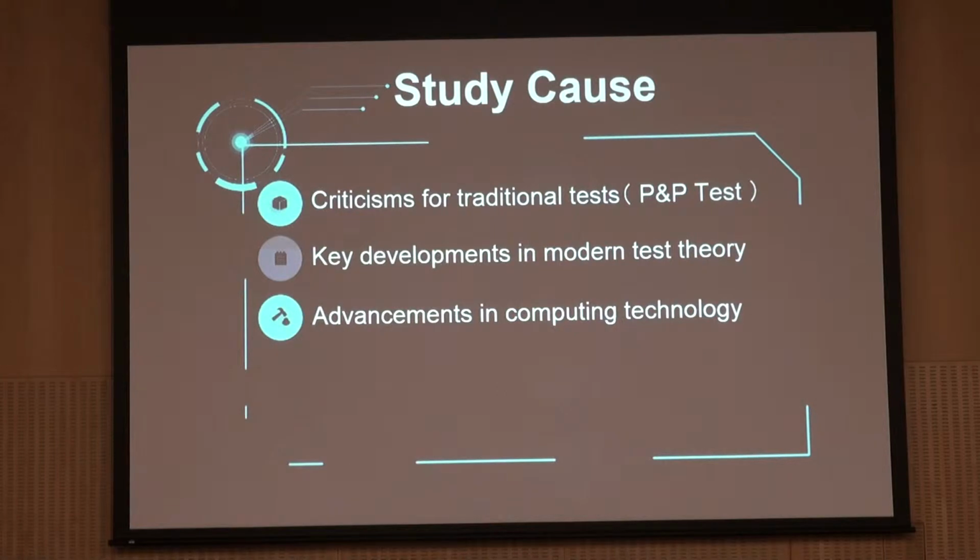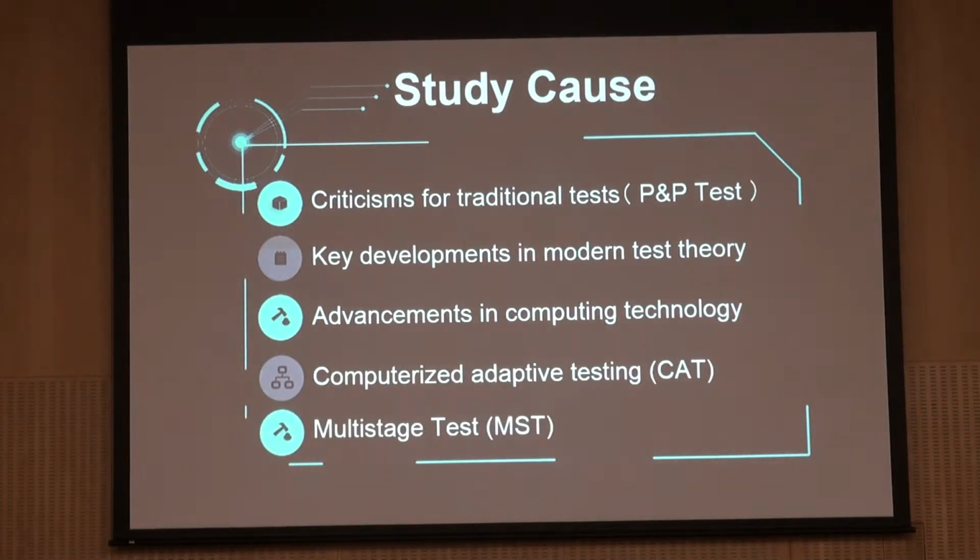Based on this situation, researchers began to pay more attention to another adaptive test form, that is MST, multi-stage test. A multi-stage test can be viewed as a middle ground between the traditional linear fixed format test and CAT.